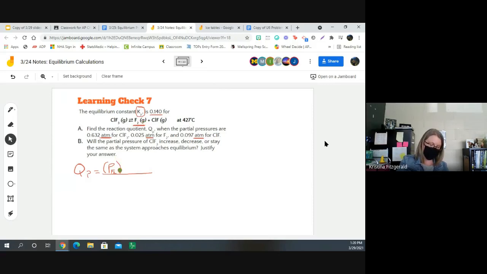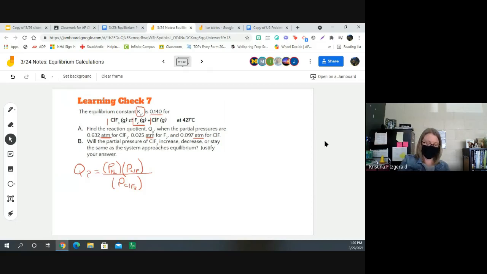If we had a coefficient in front, we would put an exponent like we did with KC for concentrations, but everything's 1 in front, so I don't need to do that. My other product is ClF, and on the bottom I'm going to put my reactant, ClF3. All those P's just mean pressure.